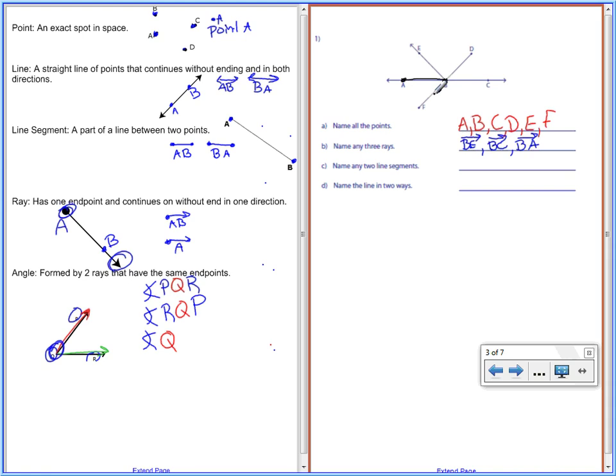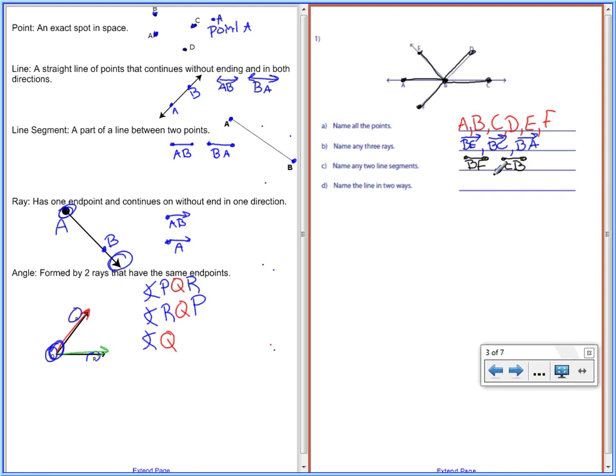Here's another one, BF. I can even do BC. I could do BD, and I could do BE. There's 1, 2, 3, 4, 5 line segments right there, but I only have to do two. So I'm just going to choose any two. And again, it really doesn't matter which letter goes first.